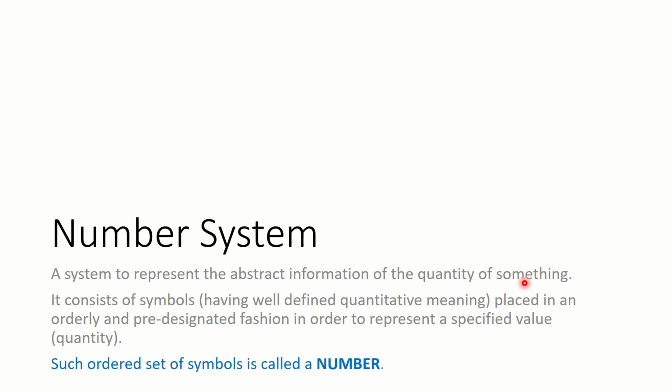So these quantities are not something which exist in the physical world. However, they are attached very much to these physical objects, and we have a very definite understanding of what we mean when we say there are 9 apples, or when we say it is 2 kg rice, or 2.5 kg rice.